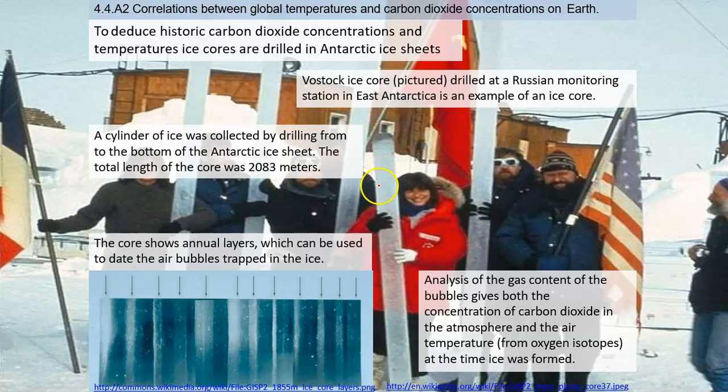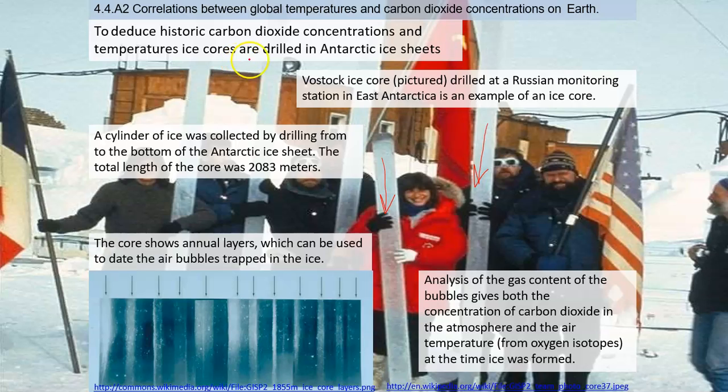Okay, from here we are going to talk a little about what an ice core is and how this technology helped us to estimate the level of carbon dioxide even for 400 years ago. That's amazing, right? What you see here are ice cores that have been drilled and taken from deep in the Antarctic.